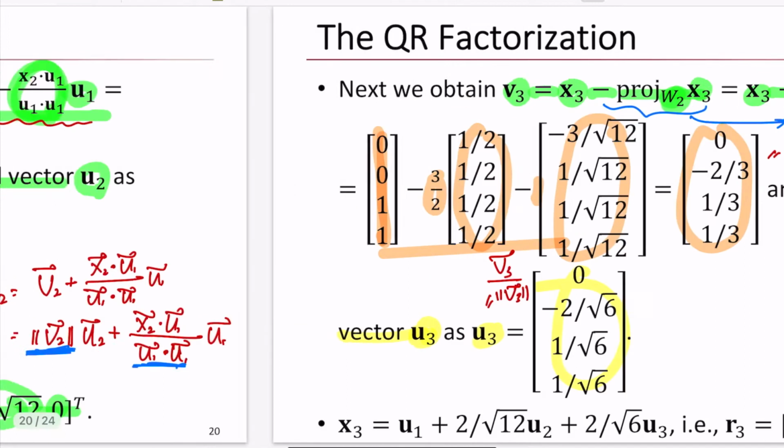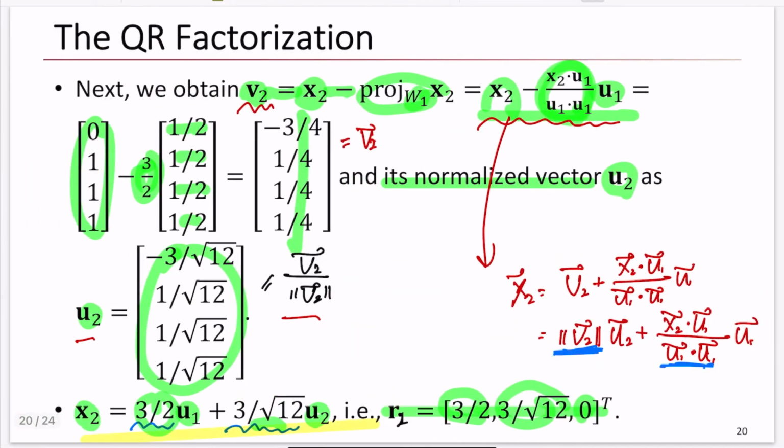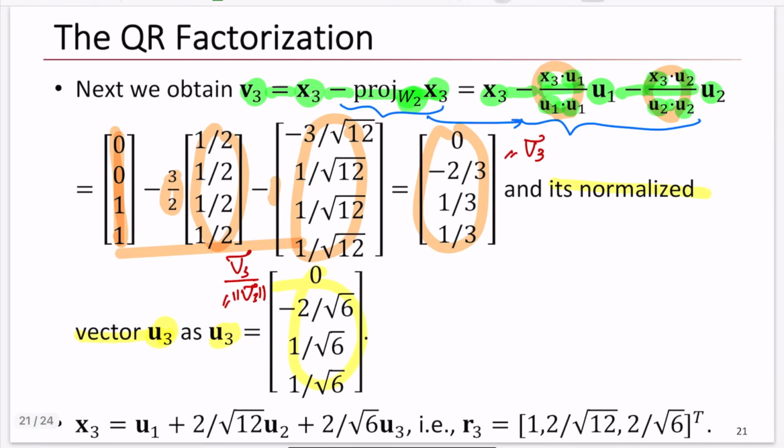So similar to here, in this case x3 is going to be u1 plus 2 over square root of 12 u2 plus 2 over square root of 6 u3. Then the column vector r3 is going to be 1 from here, 2 over square root of 12, and 2 over square root of 6. This is r3.